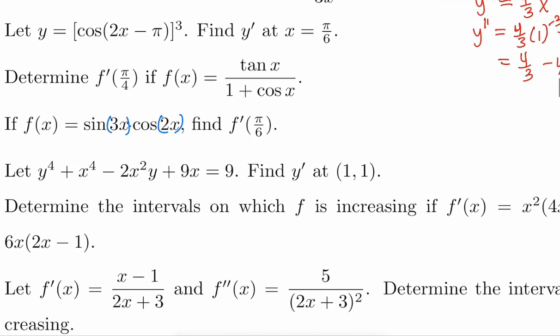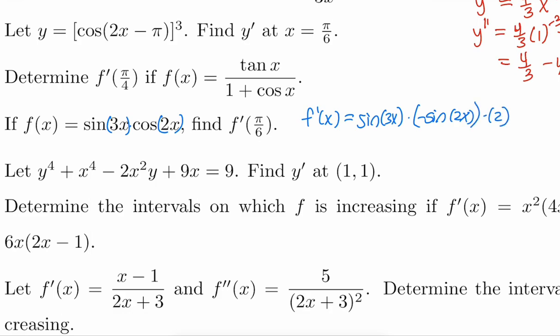Okay. So if we do the first derivative, we're going to write down the first times the derivative of the second. What is the derivative of a cosine? Negative sine. So it's going to be the negative sine of the stuff times the derivative of the stuff.